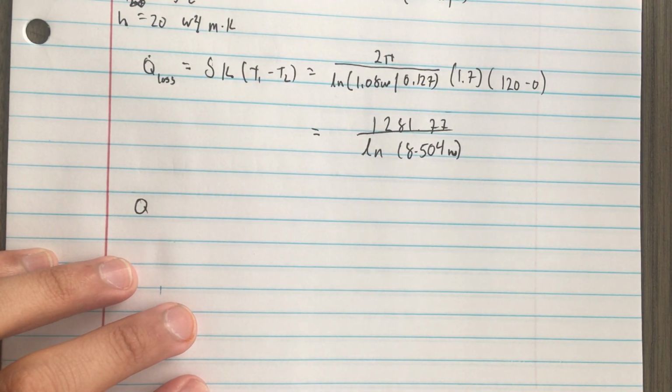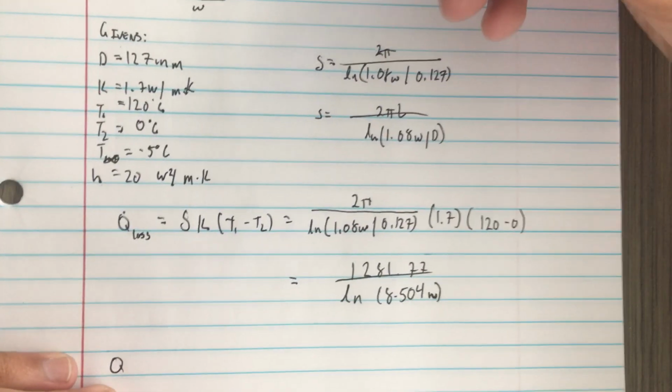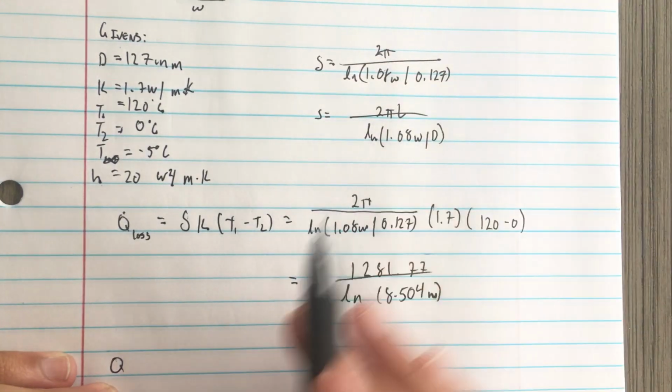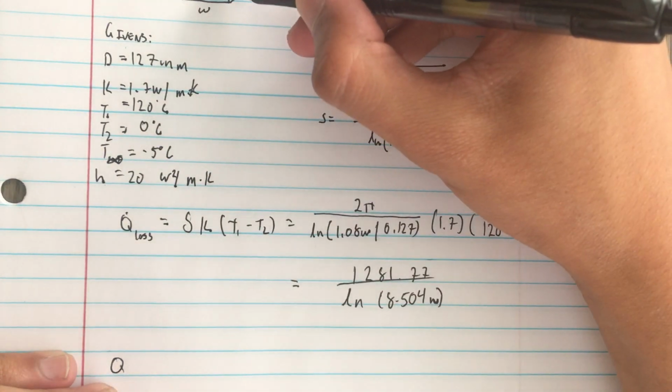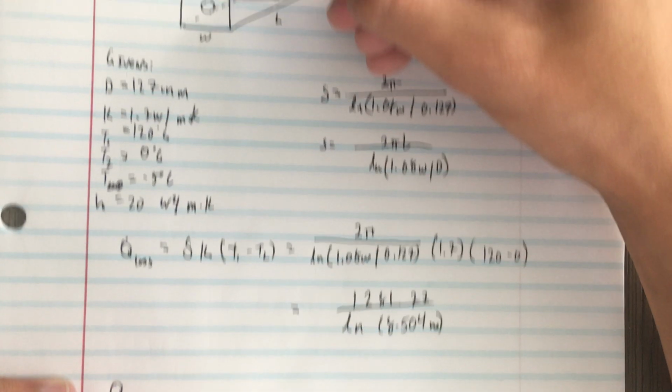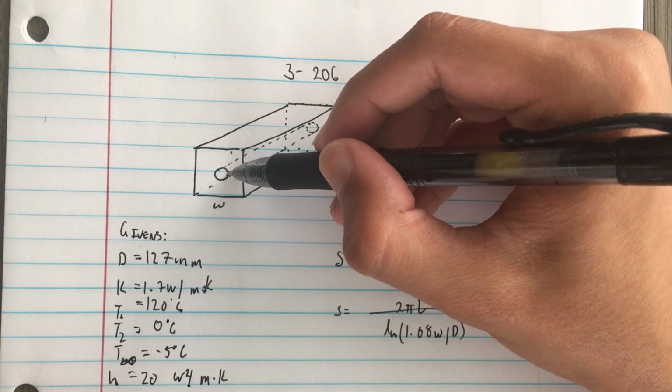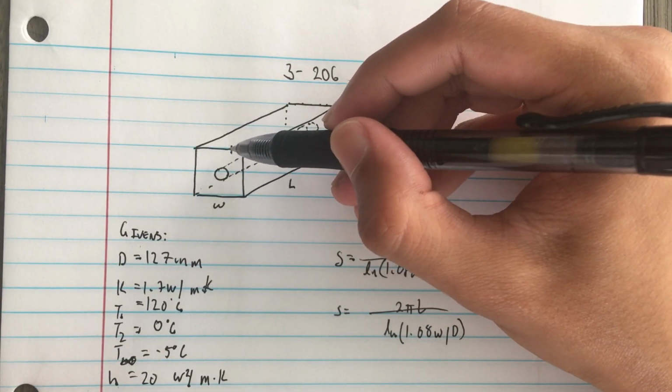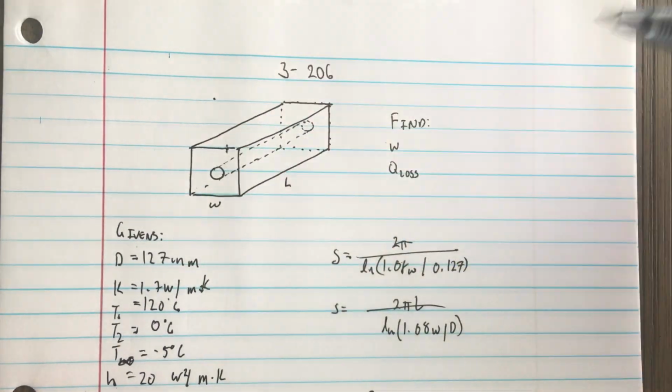To do that, we calculate the heat from the surrounding bar. So this was for this bar, that's why we use T1 and T2. This is T1, this is T2. Now we're going from T2 to the surroundings.